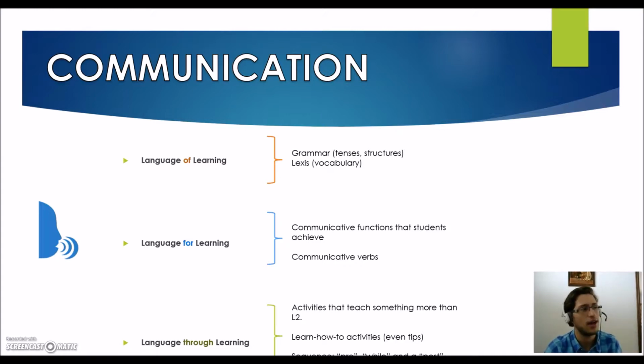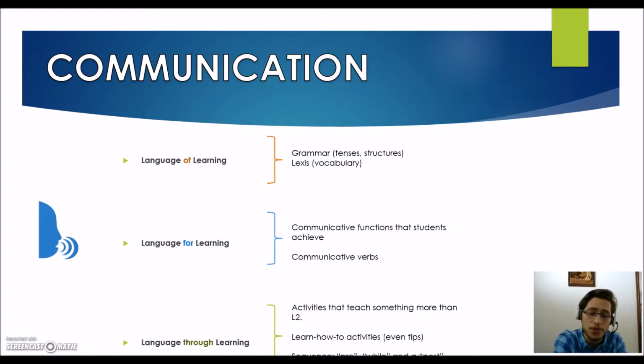How can we create a poster? How can we create a calendar? Those are activities in which students are learning how to make something, but through that they are also learning English.